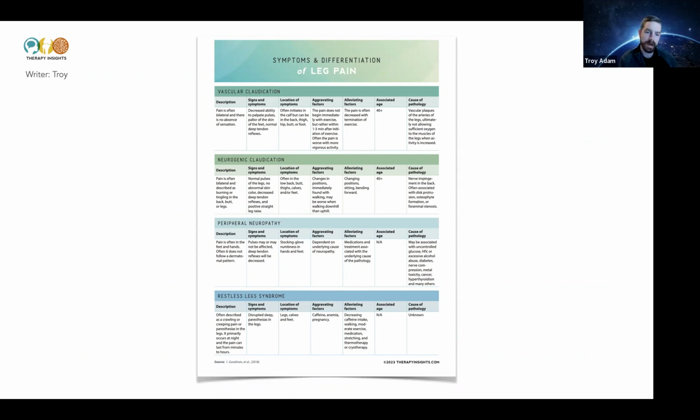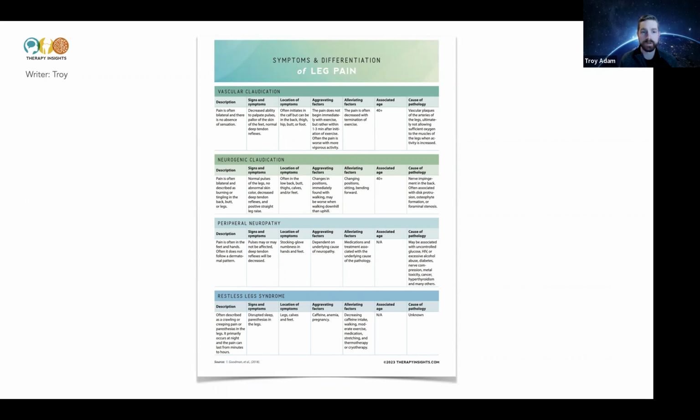So it really talks about four different things. Vascular claudication, meaning there's not enough oxygen ultimately getting to the legs, which is causing pain. It's talking about neurogenic pain as well.